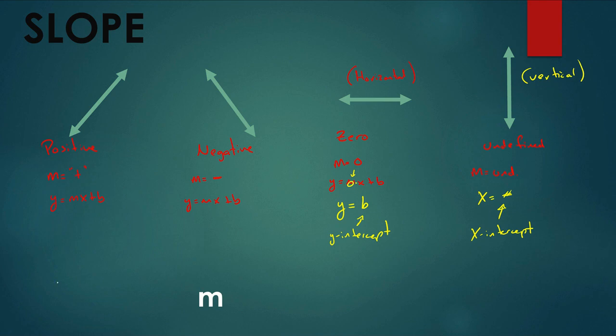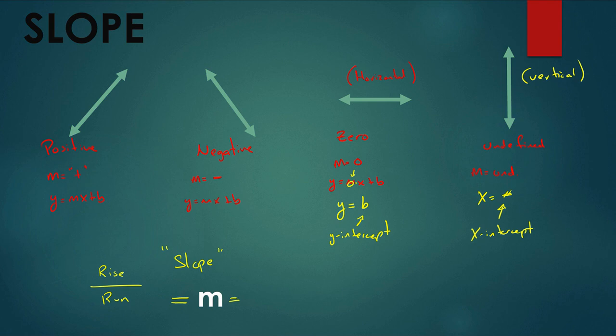So down here we have our slope, and again, slope is represented by lowercase m. And there's different ways that we can talk about slope. There's different ways that you can calculate slope. There's different ways that you've seen slope, right? And so maybe the most common way you've seen it is rise over run, right?